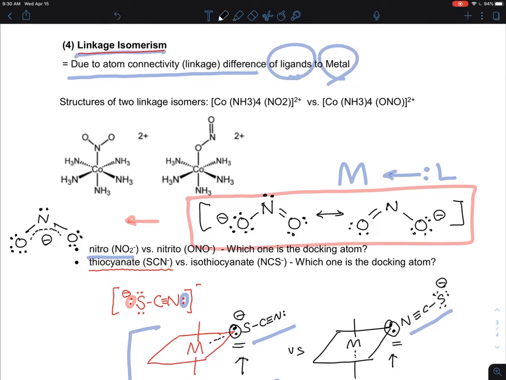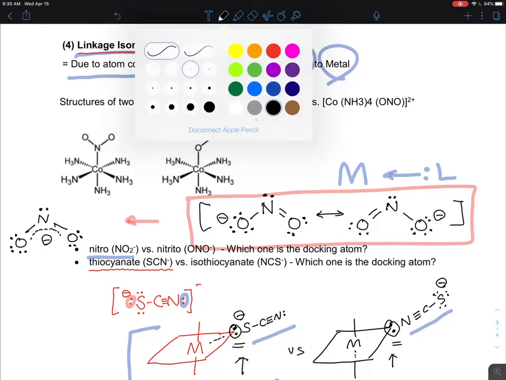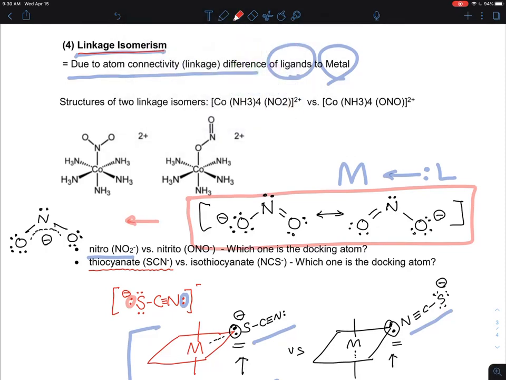I forgot to put the lone pairs here. Going back to the original, this is a lone pair that can form the dot, just like a dot with a metal complex in the middle. So this can be shown as the ligand lone pair. Or you see this is another one that can serve equally as the lone pairs here.